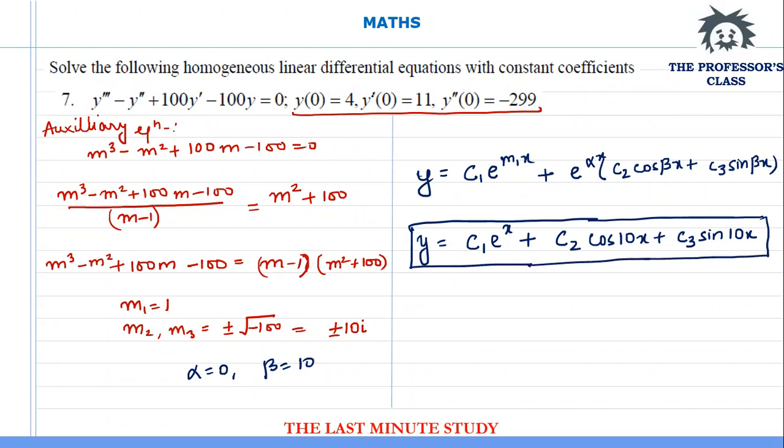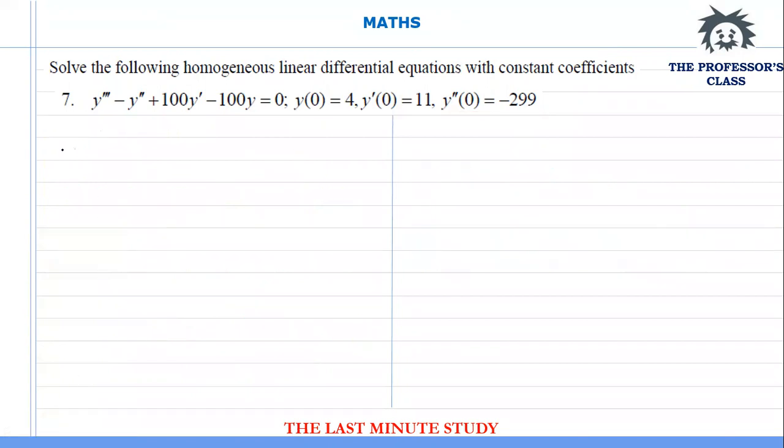Now, in this equation, I have to use the initial conditions to find the values of C1, C2, and C3. So I'll take this equation into the next slide.